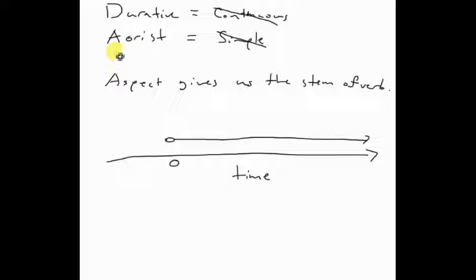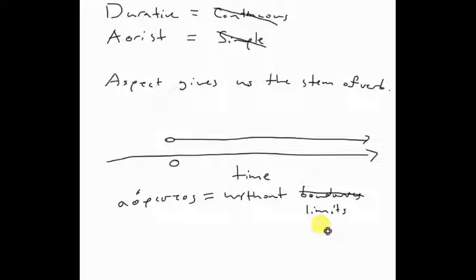The word aorist comes from the Greek word aoristos. Aoristos means without boundaries, or without limits.